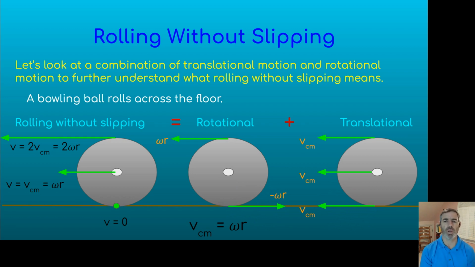But remember, when an object is tossed up in the air, it has a velocity of 0 at the highest point for just a brief moment in time. That's what's going on here: the velocity at the bottom is 0 for just that brief instant. And this is what describes rolling without slipping.